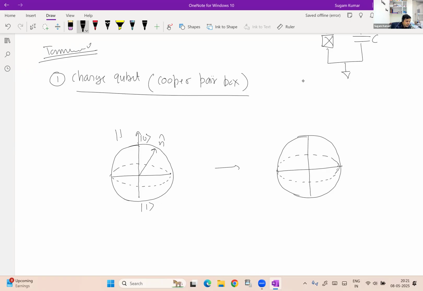This is nothing but spin up, and this is nothing but spin down. Very easy to understand. Here also I will call it 0, but it is going to be called N0, meaning no excess, zero extra Cooper pairs. And here I will call it 1, meaning one excess Cooper pair.